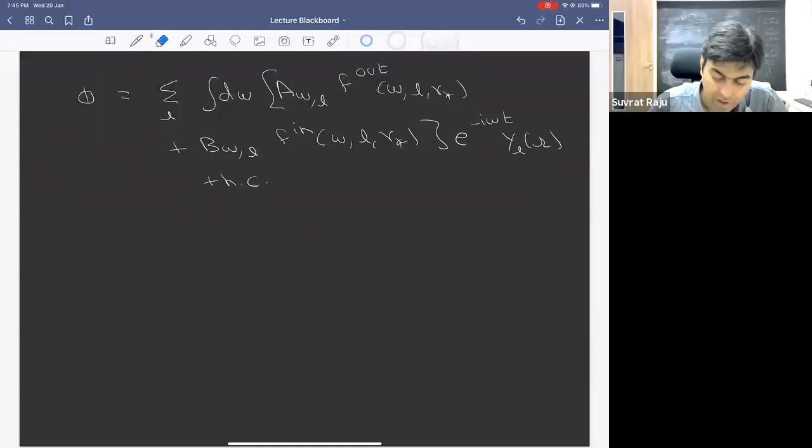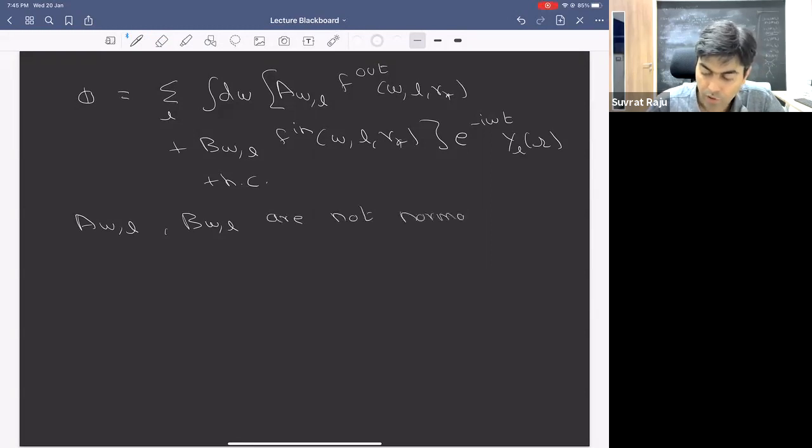Now here A omega L, B omega L, we have not normalized them in any way. But you should think of them as annihilation operators, and that's why they multiply a factor of e to the minus i omega t.